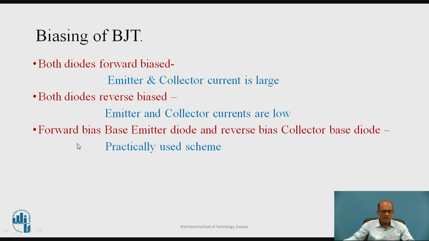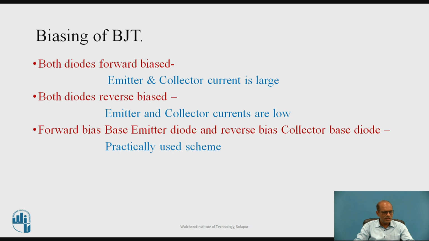And the remaining is forward bias one junction and the reverse bias another junction. Now here question is which junction is to be forward bias. Now as already I have told that the emitter emits the electrons for NPN transistor, and emitter emits the holes for the PNP transistor.